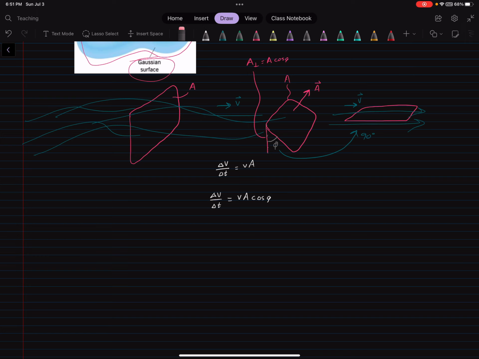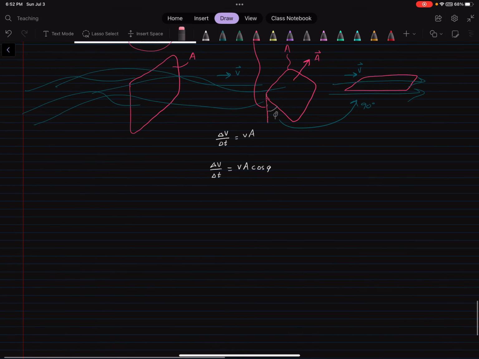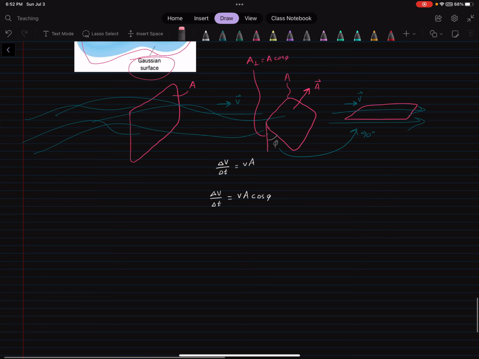So now, if you want to express this in a little bit better way, what we're asking is how much something is parallel to something else, how much something is in line with something else, right? So we have a vector A and a vector V, with A given by perpendicular to the surface.